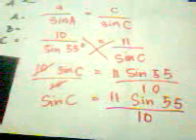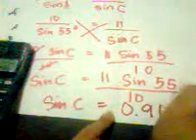We're going to use the calculator. 11 times sine 55 divided by 10, we have the answer 0.9010. Sine C is equal to 0.9010.